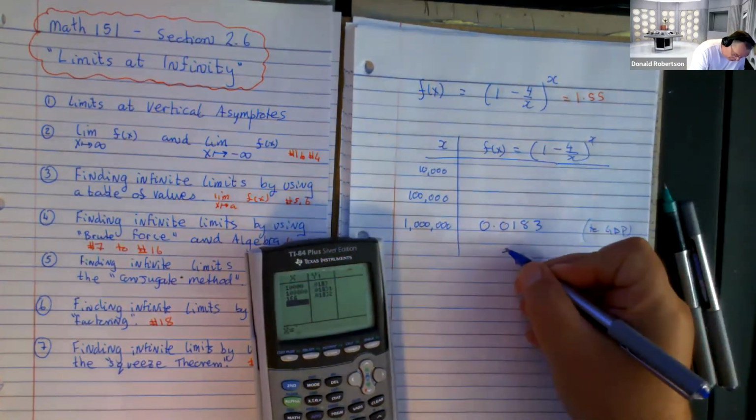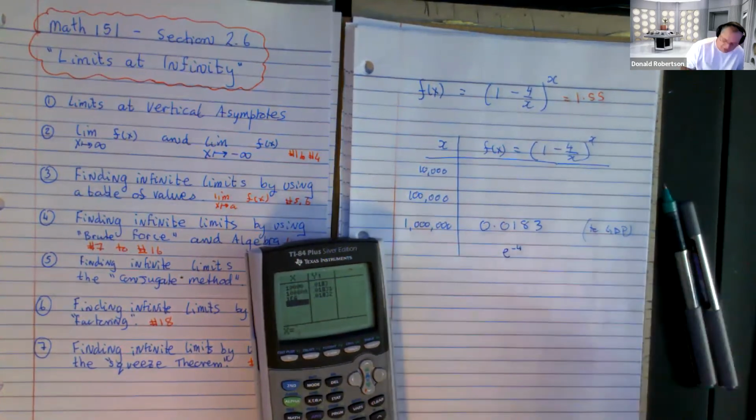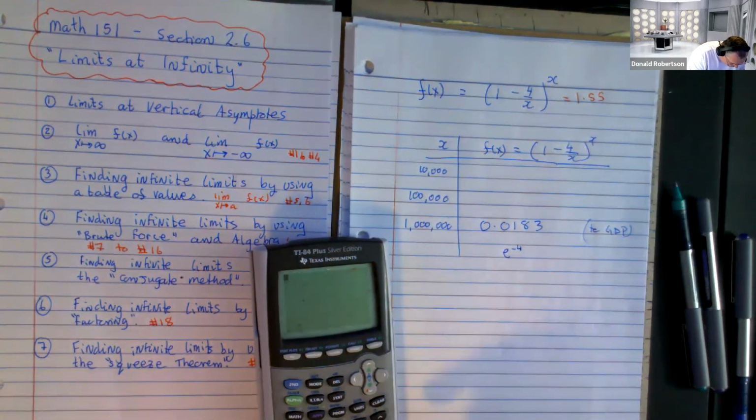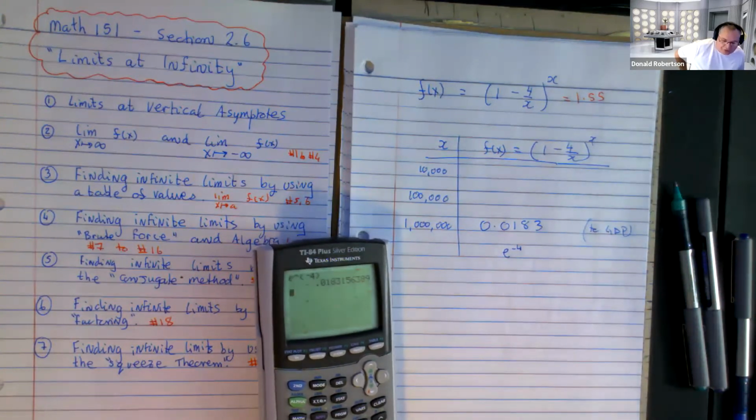I'll tell you what the value is: e to the negative 4. And I'm going to try and prove that by getting out of this and doing e to the power of negative 4. And can you see that 0.0183 that we're talking about?